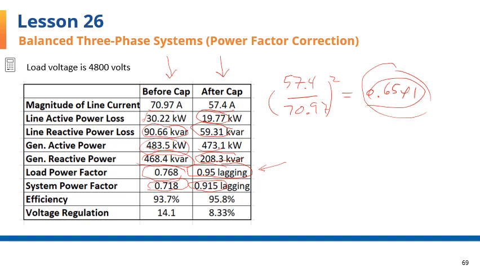Efficiency has improved because line losses have gone down, so we expect efficiency to have gone up, and it's gone up by about 2 percentage points from 93.7 to 95.8. And the voltage drop has decreased. The voltage regulation, which is an indication of voltage drop from source to load, has gone down from 14.1% down to 8.33%.